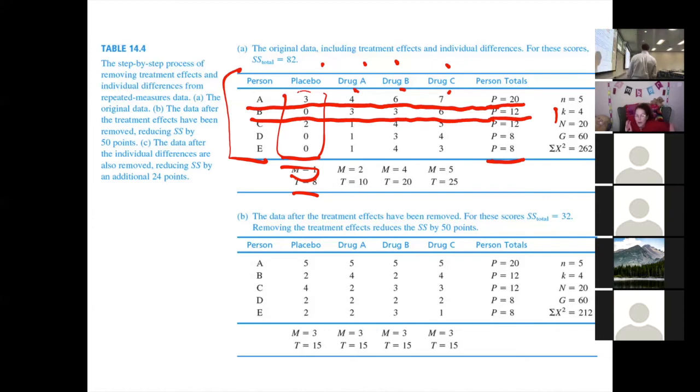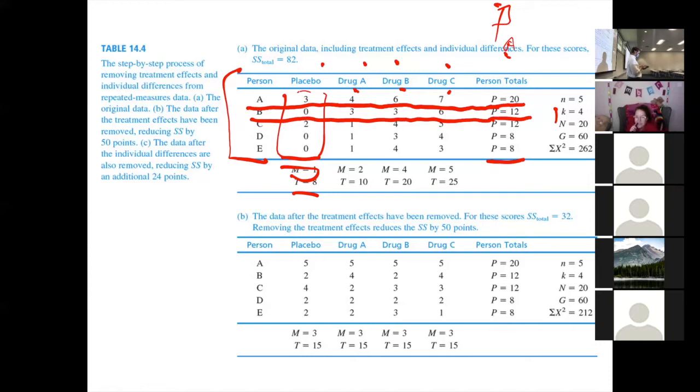Why would the total of people be 20? It's not the total of people. Think of that first P as P subscript A, right? So it's just the total for person A. So 3 plus 4 plus 6 plus 7 across, right?